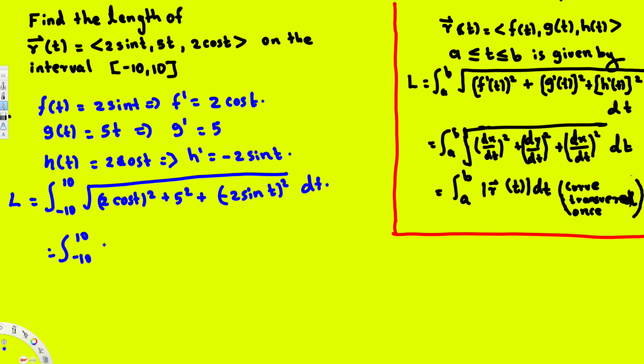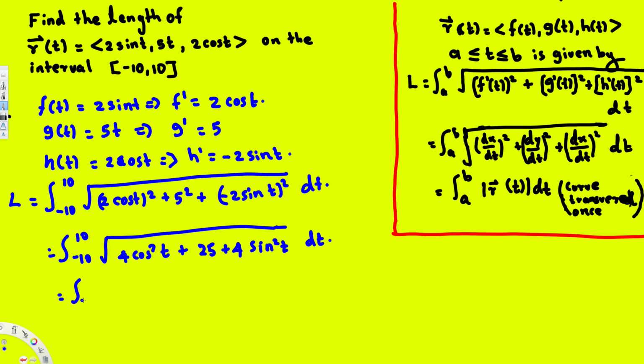But let's see. Here we are going to have 4 cos squared t plus 5 squared, which is 25, plus negative, that's going to be positive when we square that one, so this is going to be 4 sine squared t. Now you can already recognize that we have cos squared t and sine squared t, and we can combine both of them together.